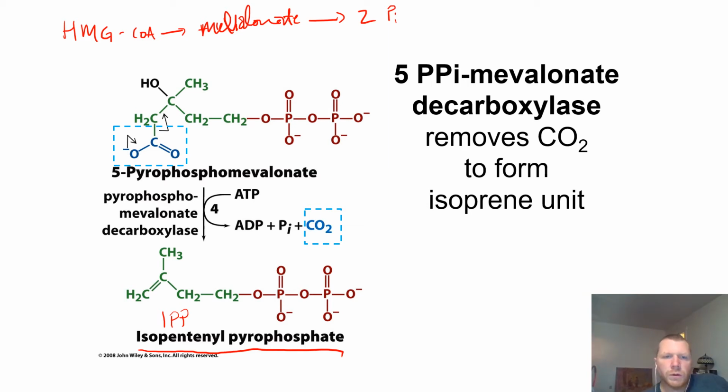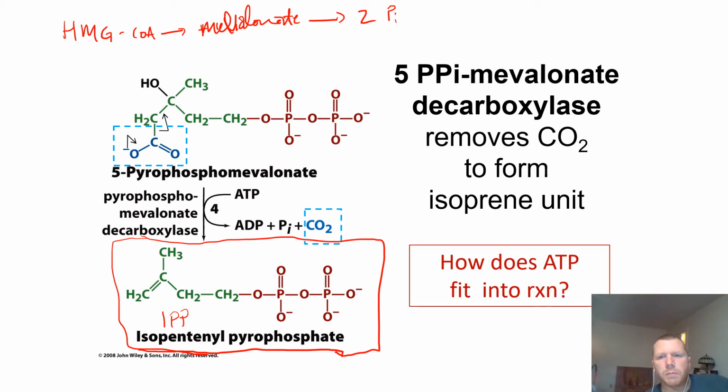This molecule right here is super important. We know that it's super important because we're talking about it in the context of cholesterol biosynthesis, but it's also important for everything else that isoprene units are involved in. One of those things is that we can use IPP for synthesizing different pigment molecules like carotenoids, so like beta carotene and everything like that.